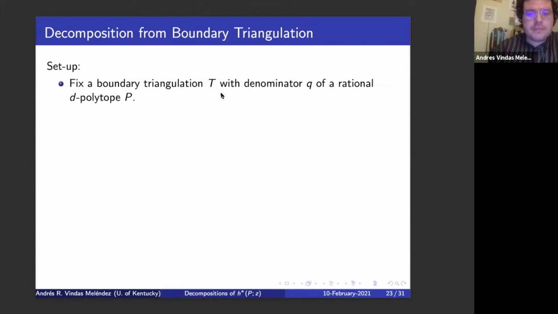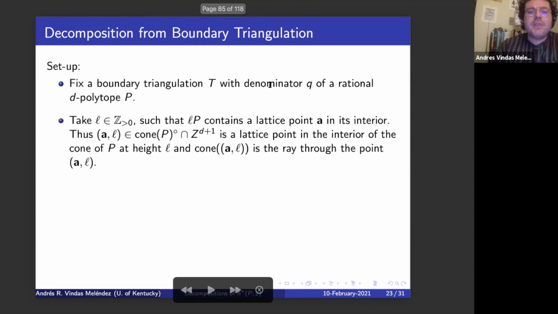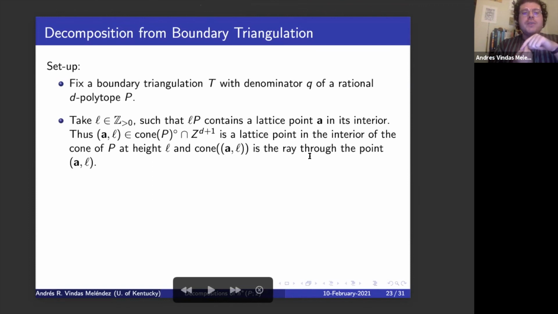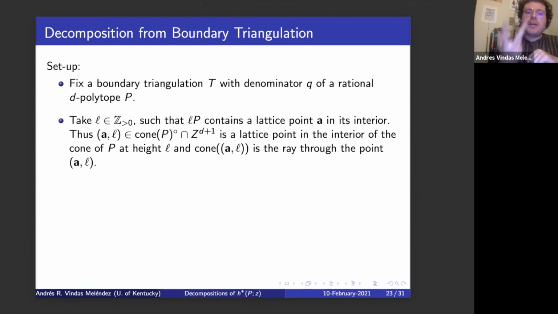Okay, and so in this case, I'm going to take a positive integer L such that the L dilate of my polytope P contains a lattice point A somewhere in its interior. Then I'm coning over my polytope such that (A, L) lies somewhere in my cone, okay?